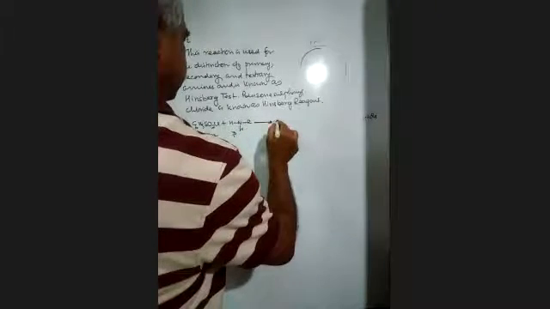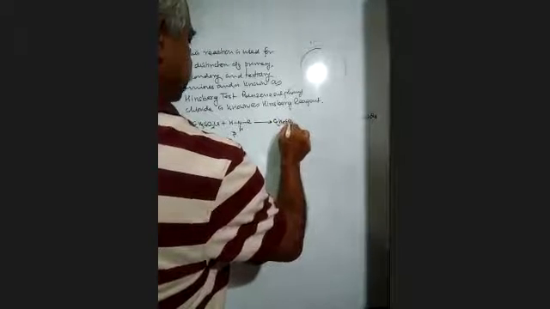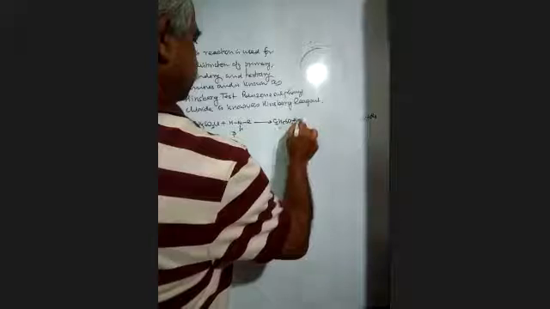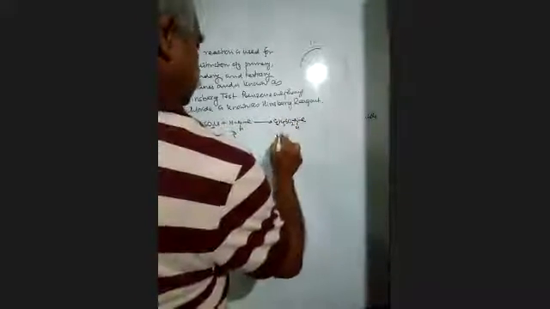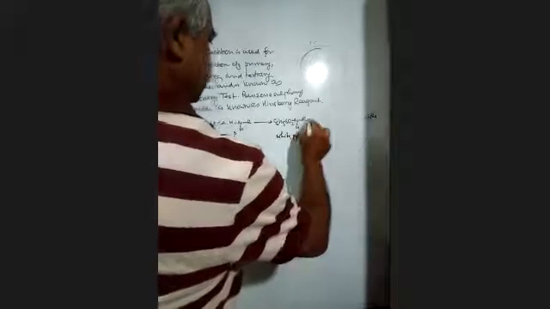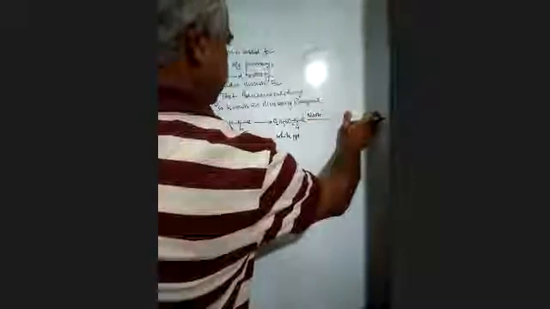So it will give me C6H5SO2NHR, a white precipitate. Sodium hydroxide. Then we will not write any product here.